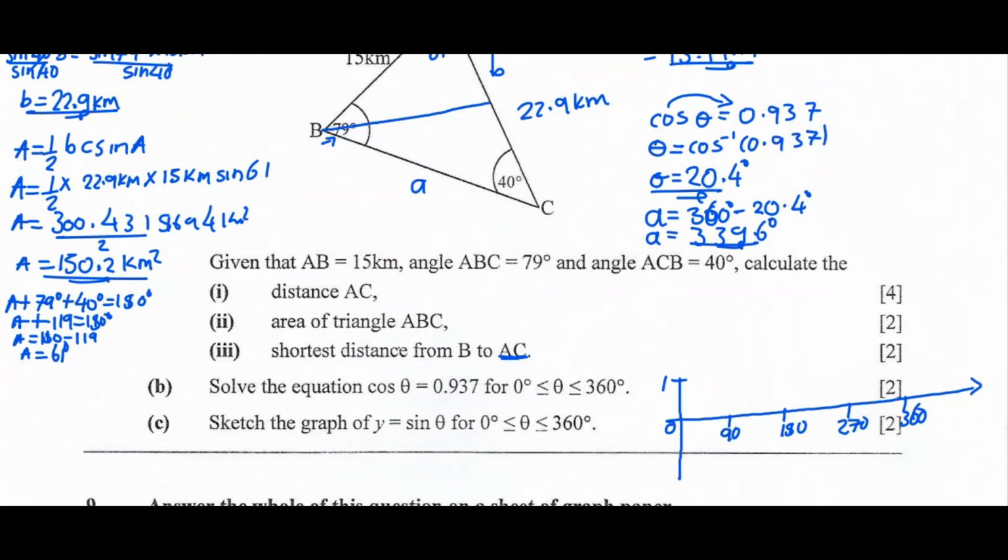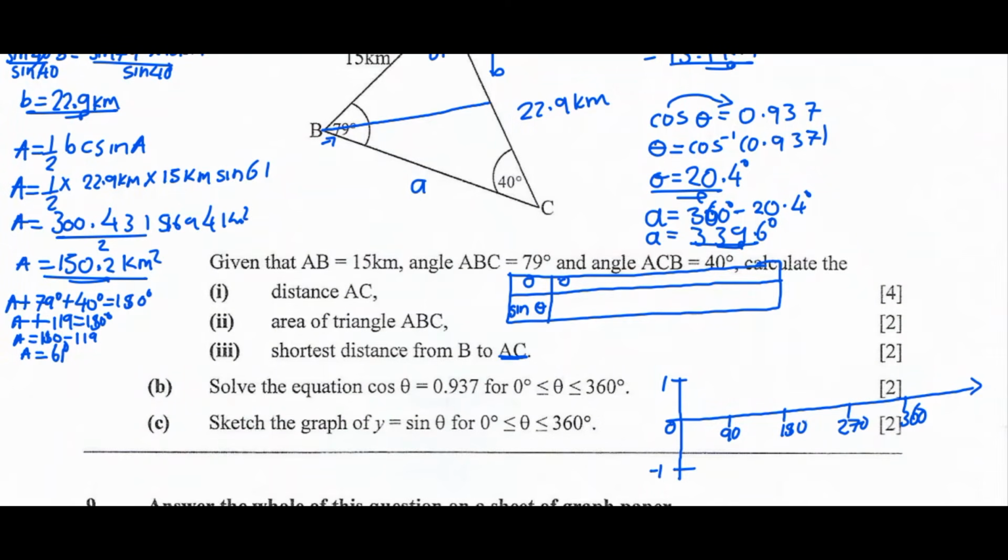So we have 1, -1. So let's see if we can make the table of values. So theta, then sine theta.